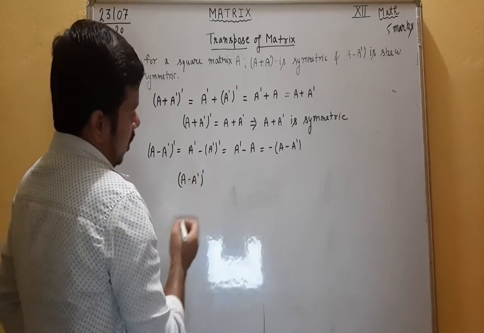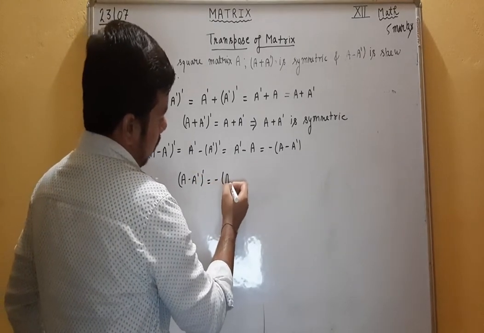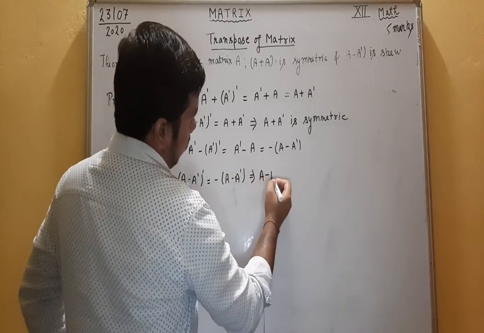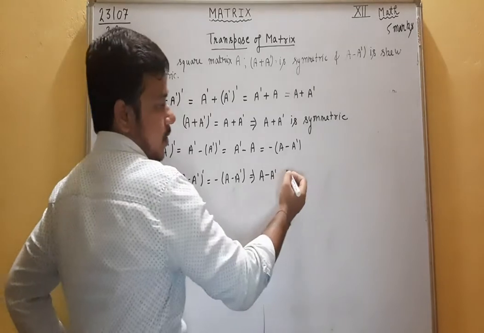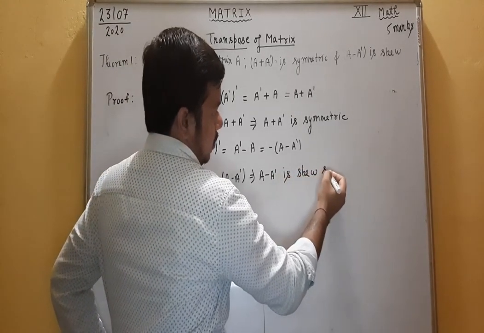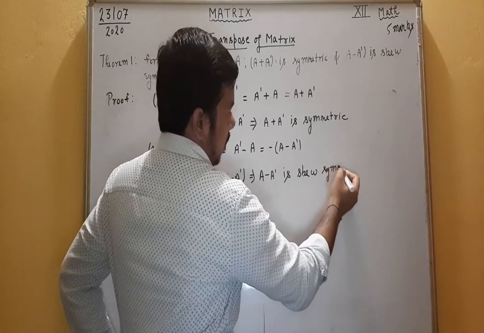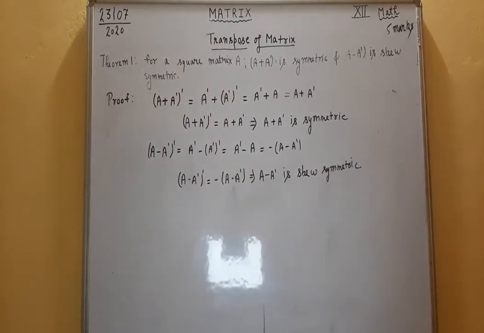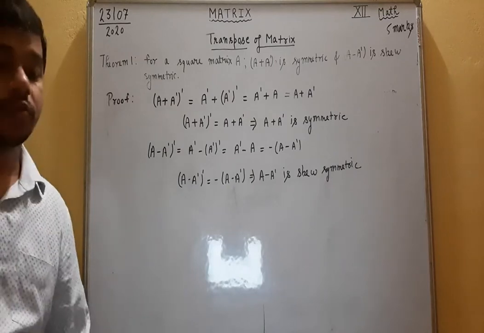Means transpose of A minus A dash is equal to the negative of A minus A dash. This implies that by the definition of skew symmetry, A minus A dash is skew symmetric, right? For any square matrix A, A plus A dash is symmetric and A minus A dash is skew symmetric.